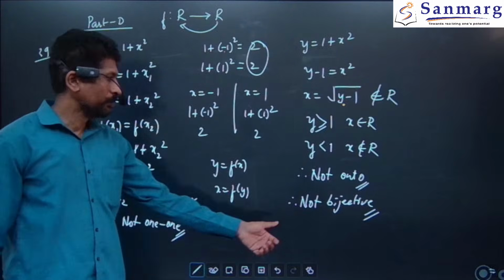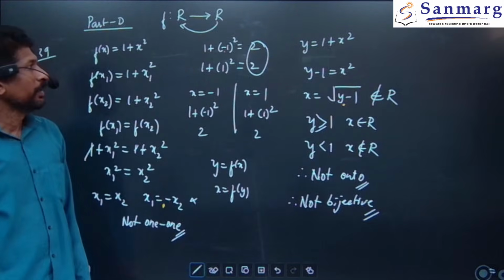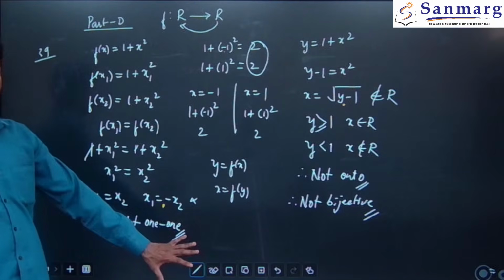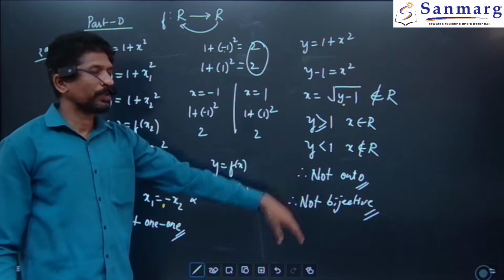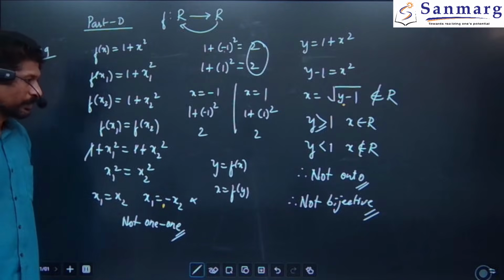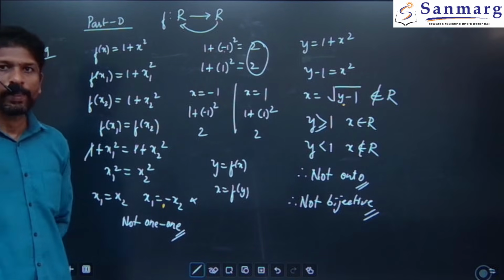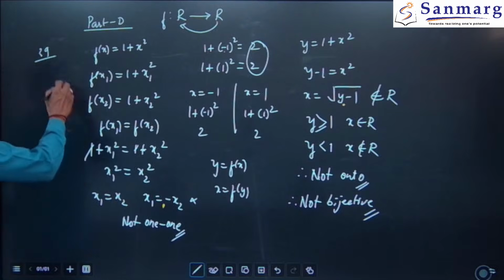Not a bijective function. So this way you can justify your answer with 1-1 and onto with an example, you can verify it. Okay, this is the first question in the part D. That is the 39th question.